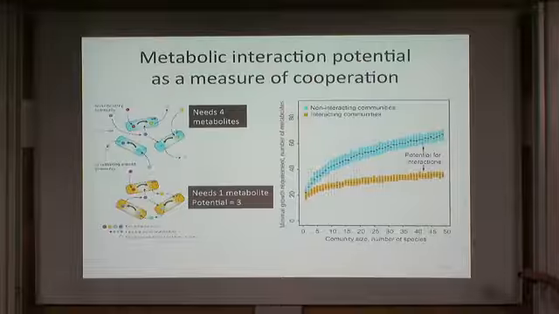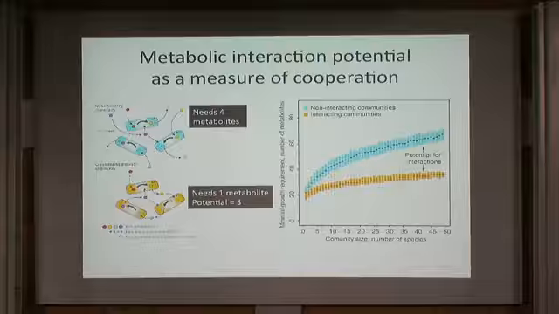For example, in this case, this community takes this one, and then that one takes the yellow one, and this one. So basically, they are not interacting, but from the environment they need at least 4 different compounds in order for all of them to grow, right?